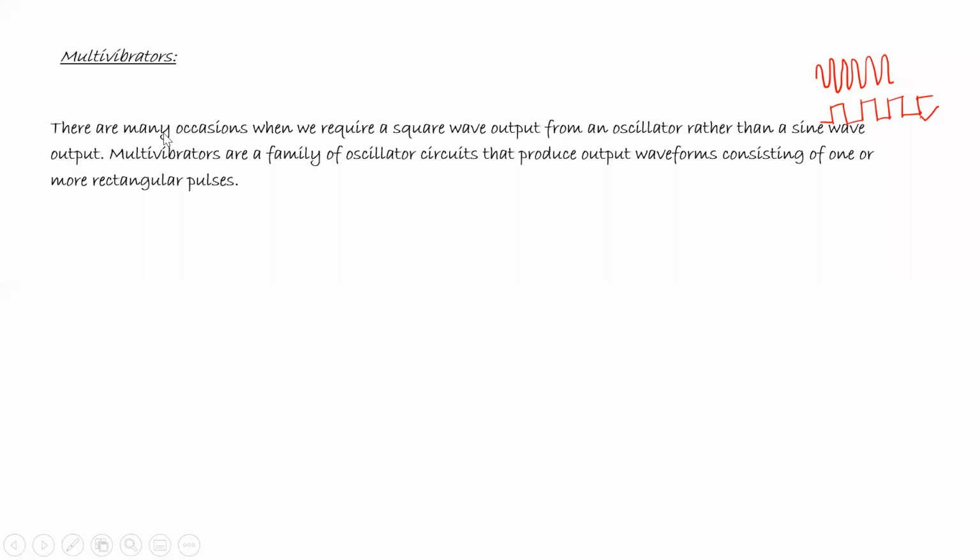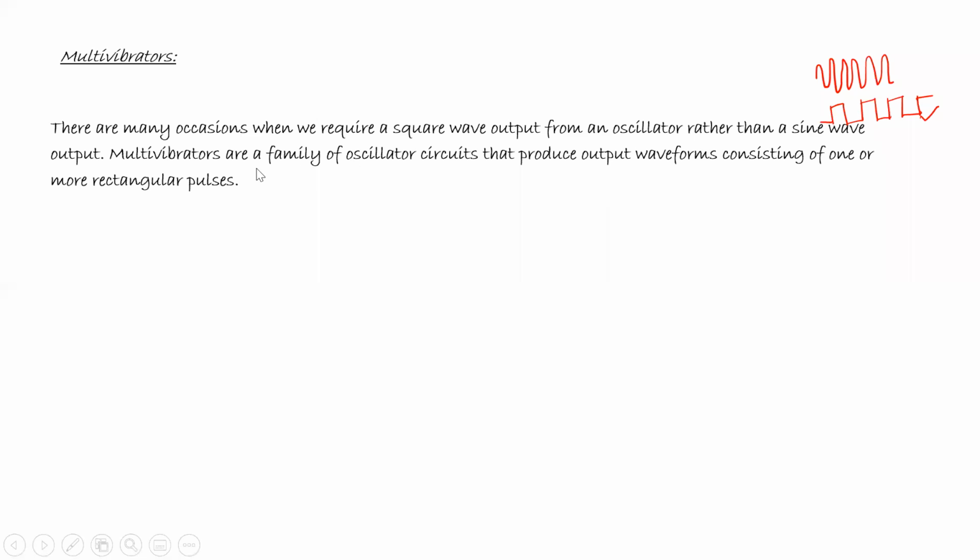So there are many occasions when we require a square wave output from an oscillator rather than a sine wave output. This is sine wave output. Multivibrators are a family of oscillator circuits that produce output waveforms consisting of one or more rectangular pulses.